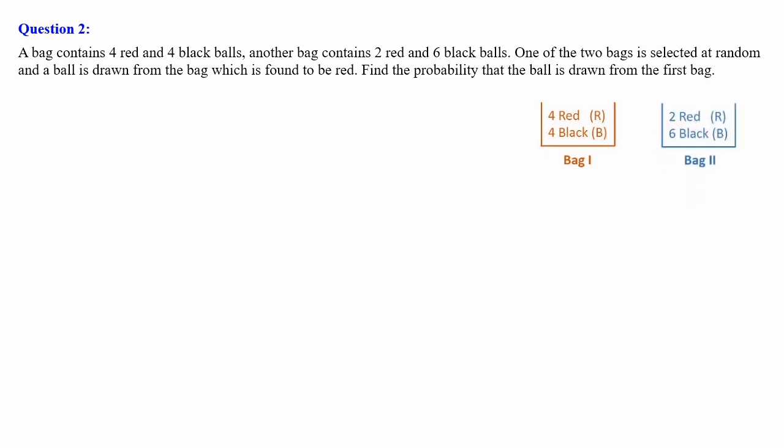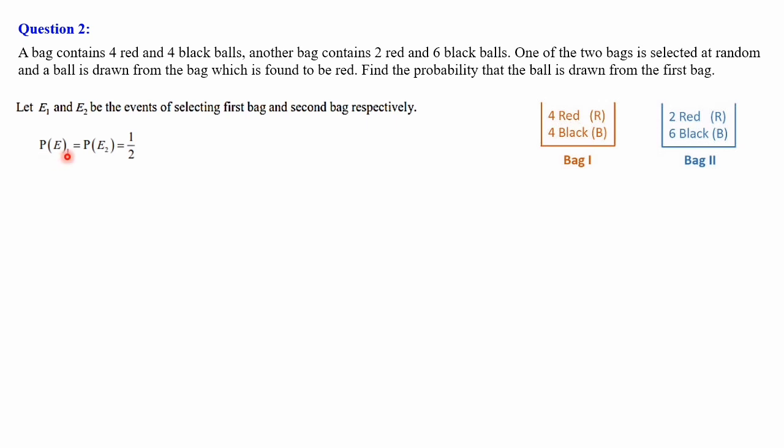Let's define the events E1 and E2. Here E1 and E2 be the events of selecting the first bag and second bag respectively, and P of E1 and P of E2 are the same.